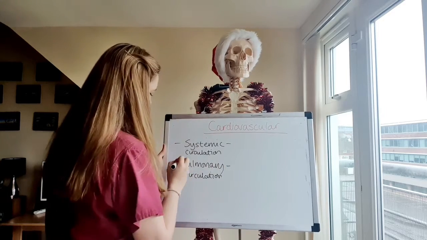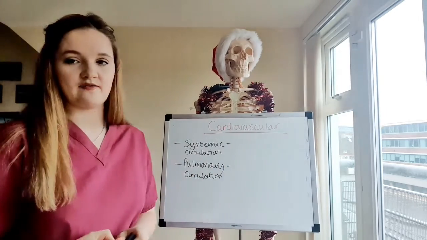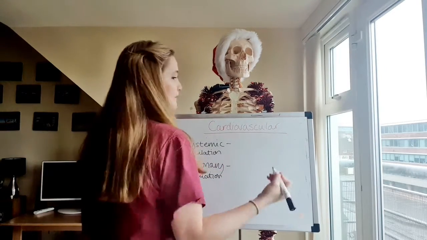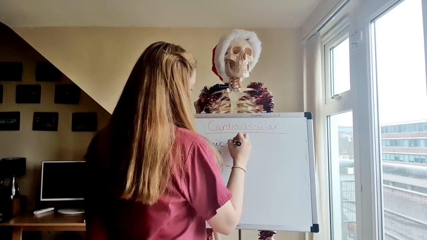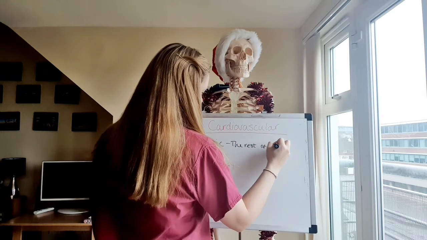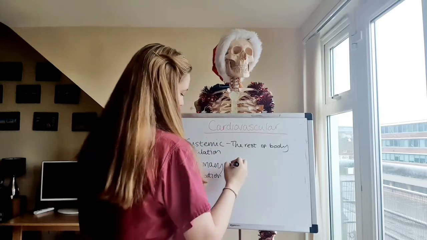So these are the two circuits that we have. Systemic circulation is to anywhere but the lungs, so to the rest of the body. And pulmonary is to the lungs.